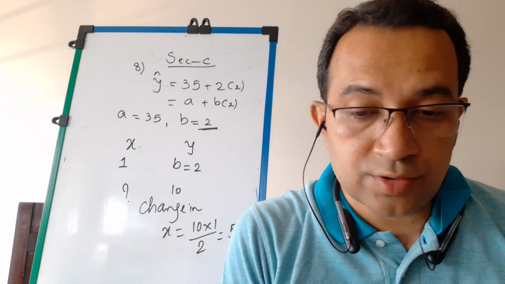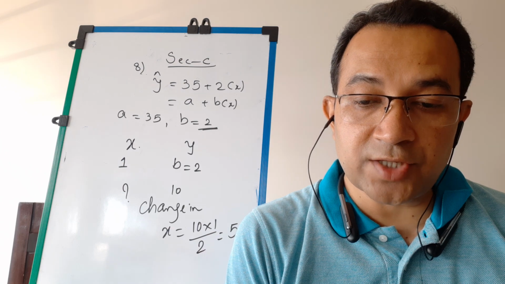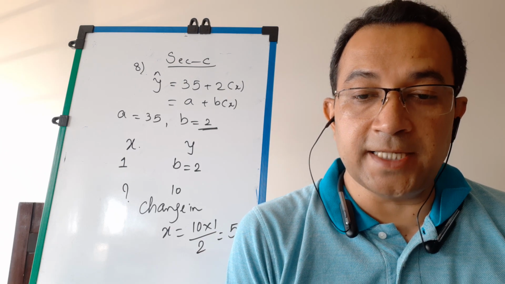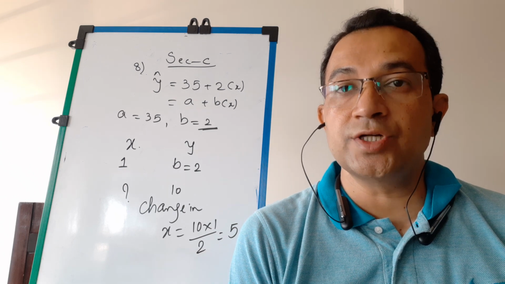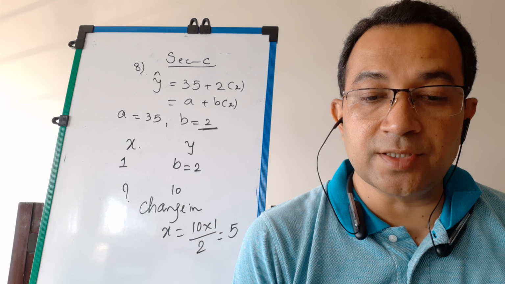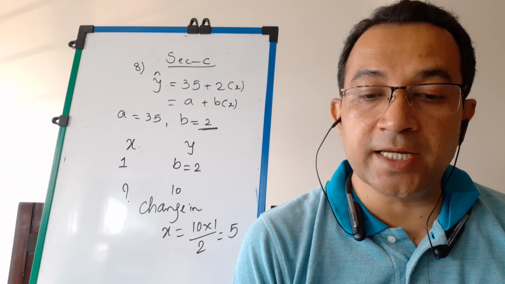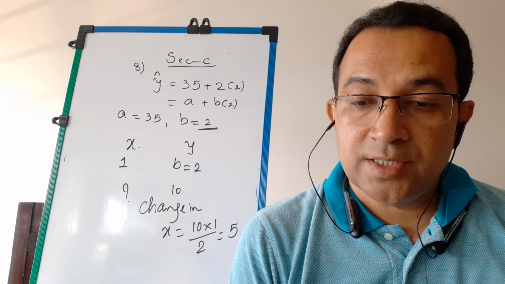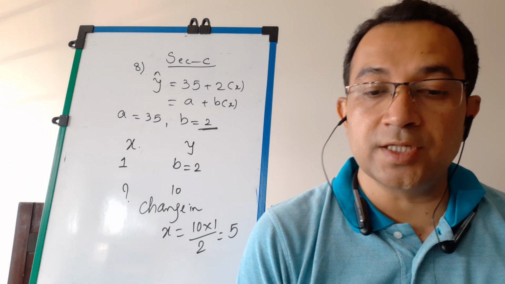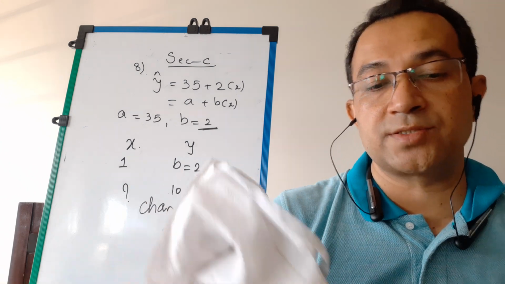Now students, in section D, we are doing sum number 9. X bar is 30, y bar is 50, r is equal to 0.8. Standard deviations of x and y are 2 and 5. Obtain the regression line of y on x.